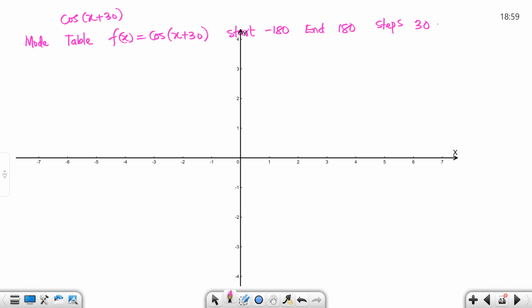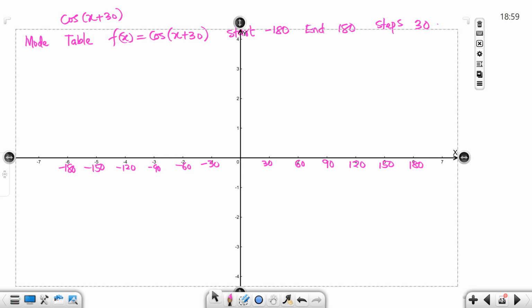So what do we have? 0, 30, 60, 90, 120, 150, 180. And negative 30, negative 60, negative 90, negative 120, negative 150, and negative 180.